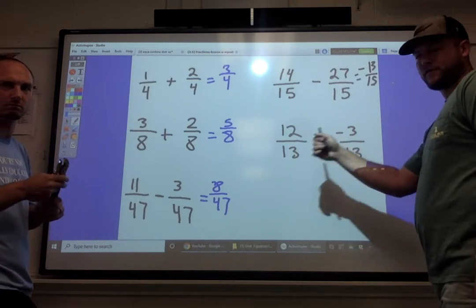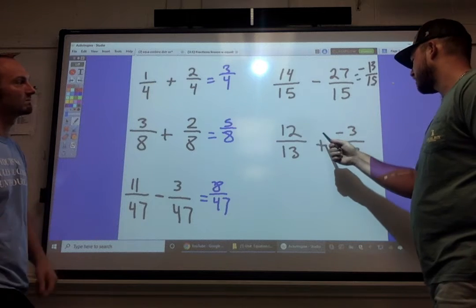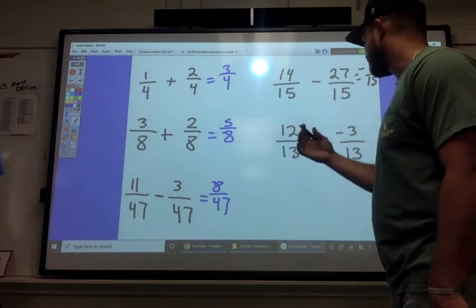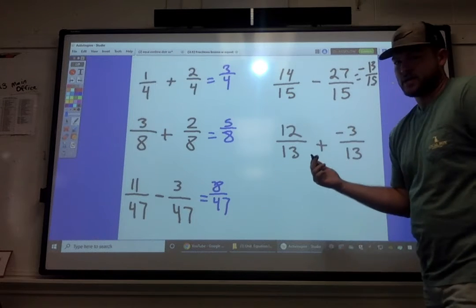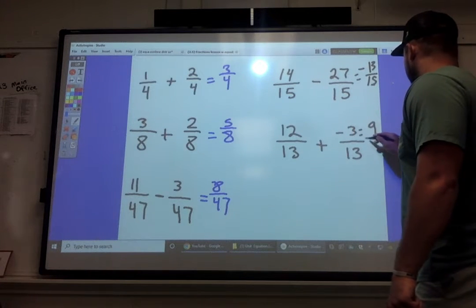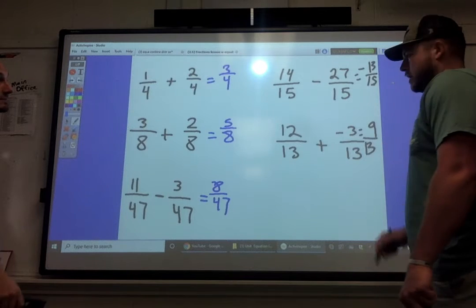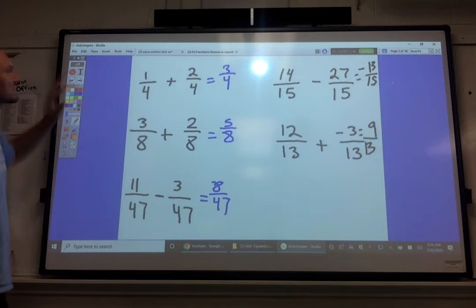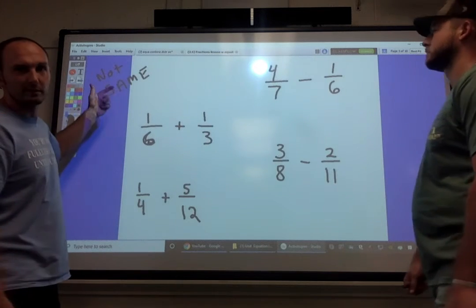We're going to add the fractions. So we're saying 12 plus a negative 3. Don't let that confuse you. 12 plus negative 3 is the same thing as just saying 12 minus 3. 12 minus 3 equals 9 over 13. Right? Next slide.